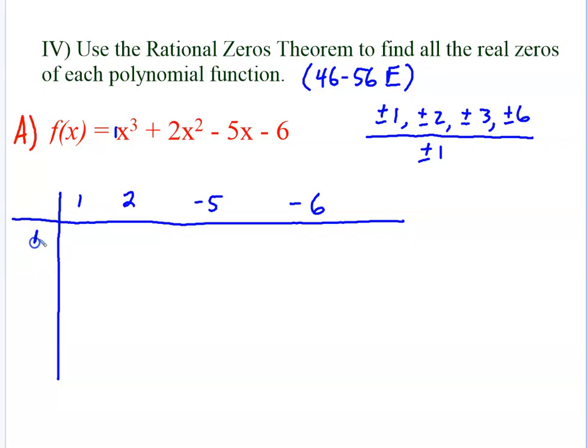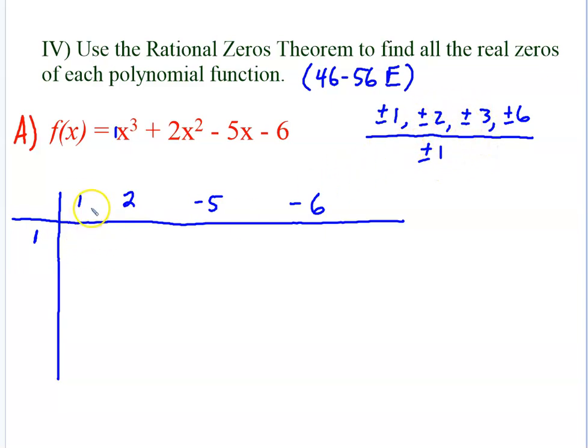You're going to recognize it as soon as I run through an example here. So the 1 came from one of these. Okay, these are the possible numbers that you're going to test. You just list these down the side. If they don't come out of this, then don't list them. The only numbers that you list as possible rational zeros are from your rational root or rational zeros theorem.